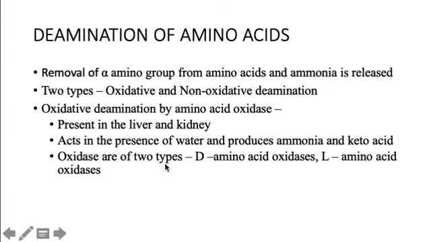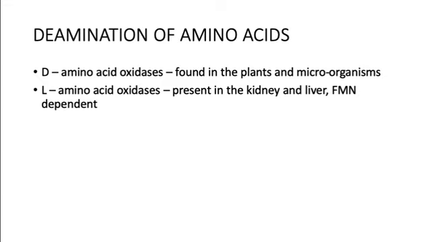Oxidases are of two types, that is D-amino acid oxidases and L-amino acid oxidases. D-amino acid oxidases are present in plants and microorganisms.